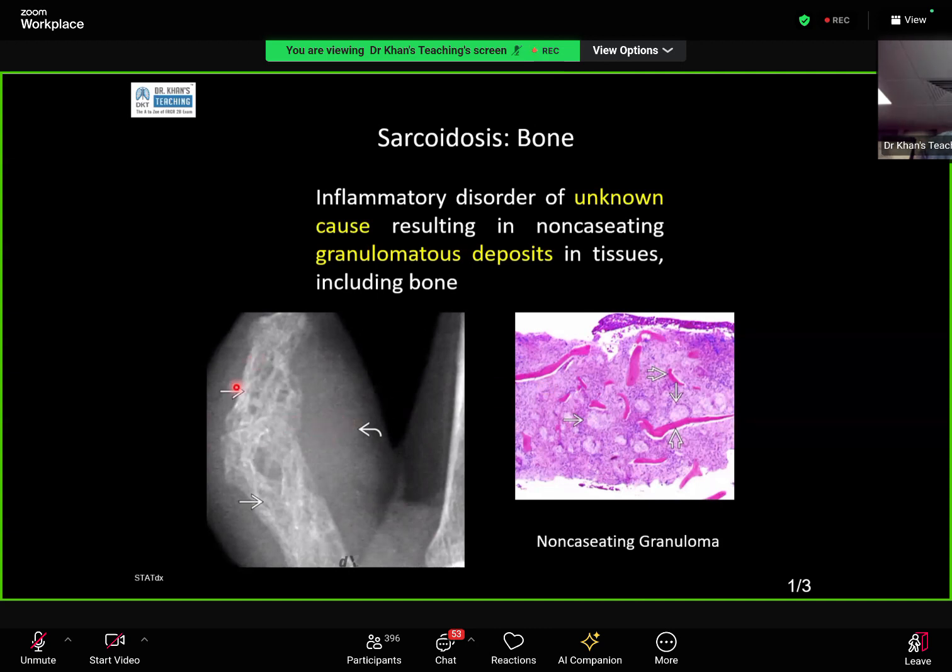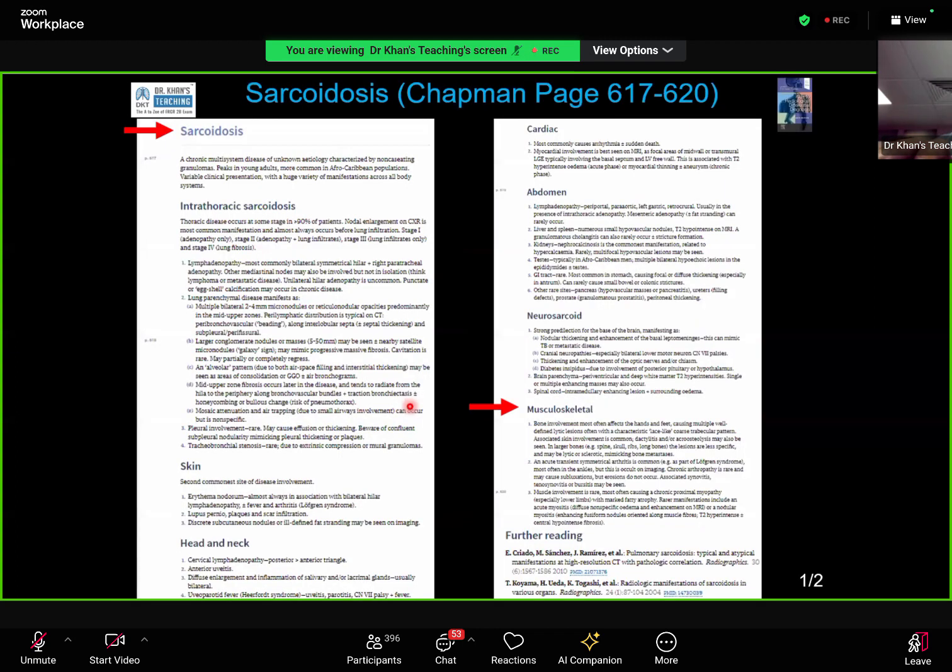This is another case, and this is, of course, from StatDx. Inflammatory disorder of unknown cause resulting in non-caseating granulomatous deposits in tissues, including bone. So soft tissue swelling is very, very common. It can happen. Soft tissue nodule. Just remember that. So don't get confused if you find it. Now, just to highlight, I'm not going to go through it.